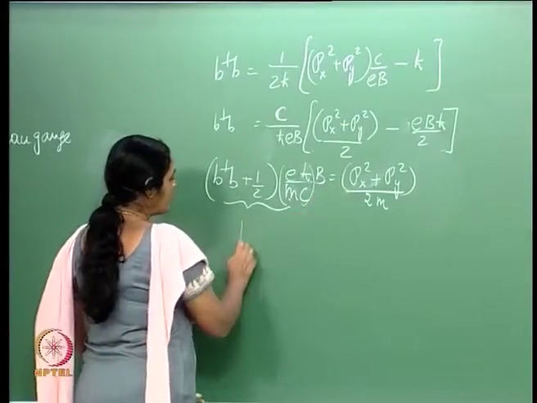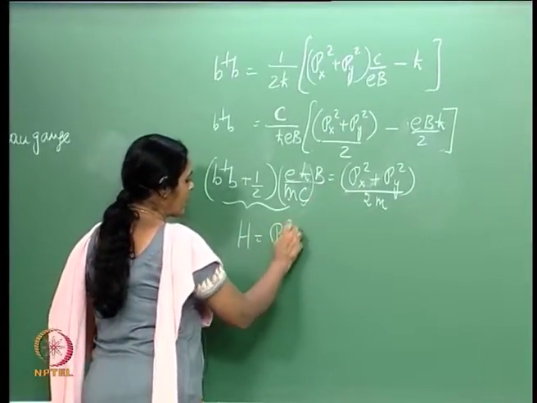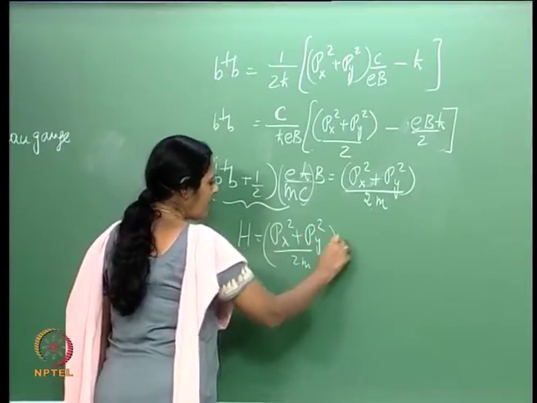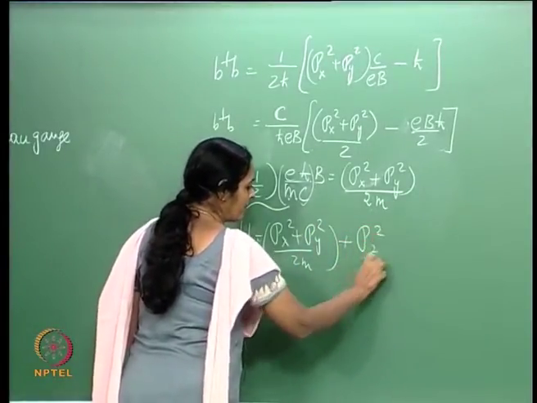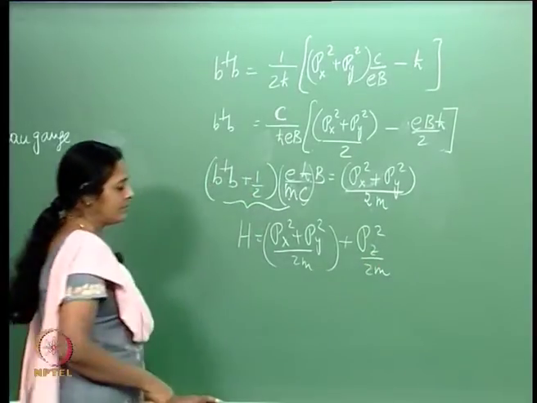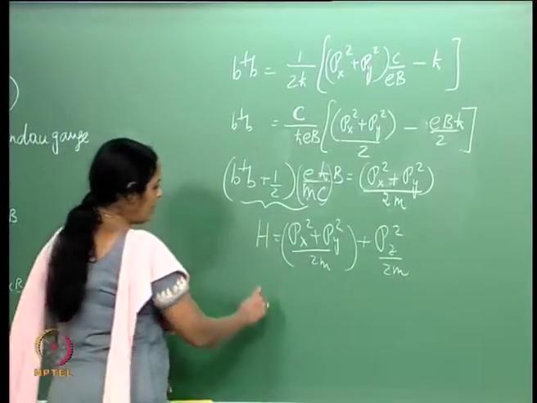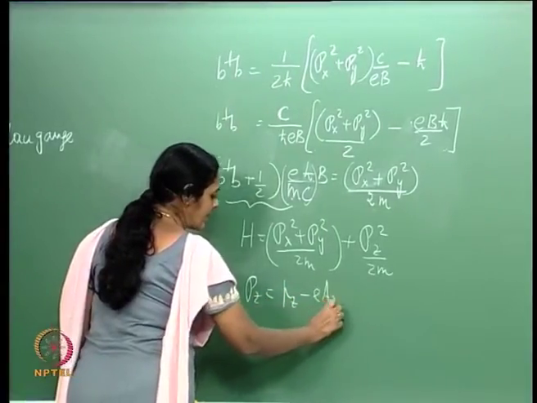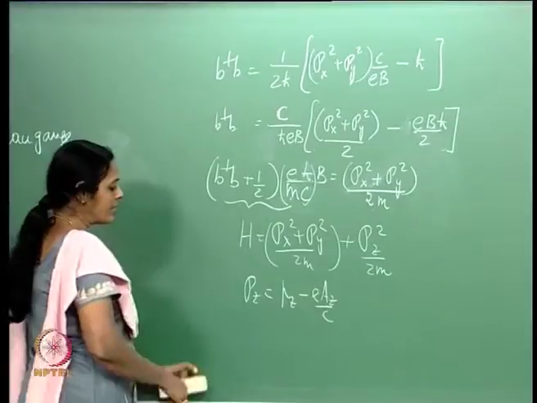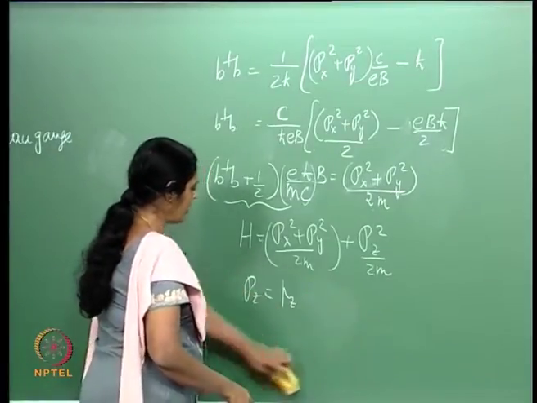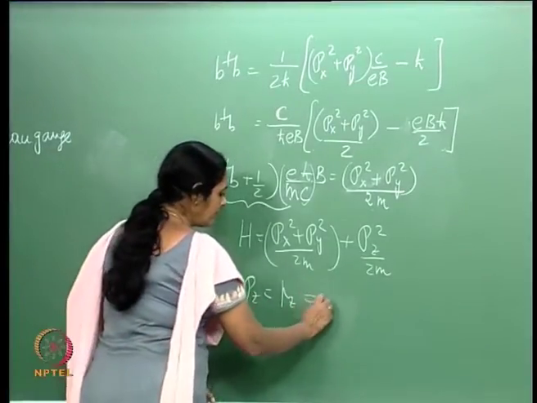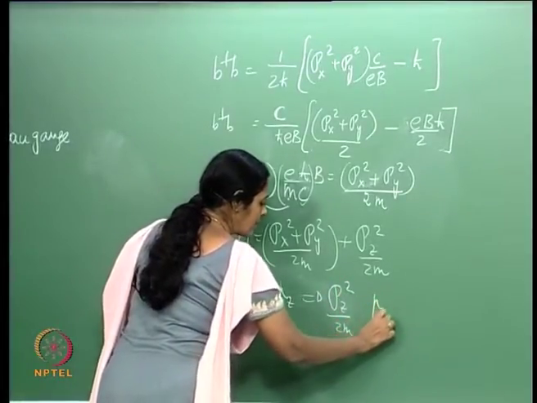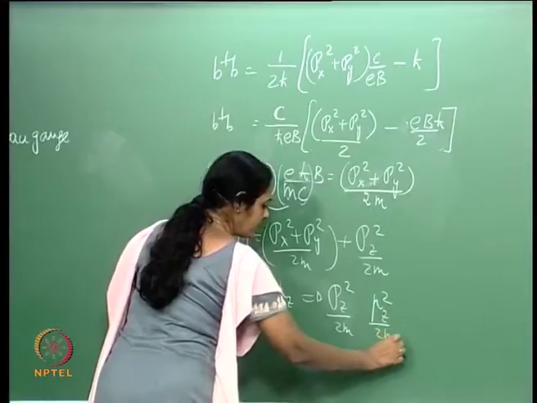But remember that the total Hamiltonian was Px squared plus Py squared by 2m plus Pz squared by 2m. But Pz is little pz minus EAz by C, but since Az is 0, Pz squared by 2m is simply replaced by little pz squared by 2m.